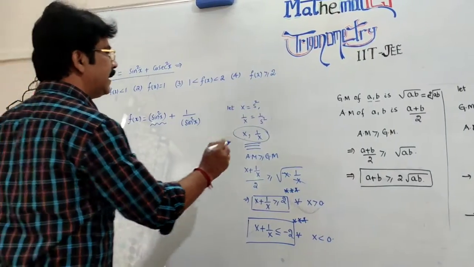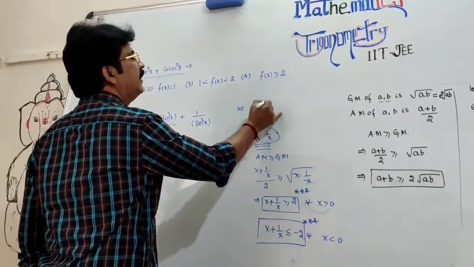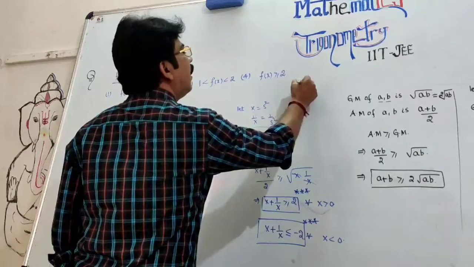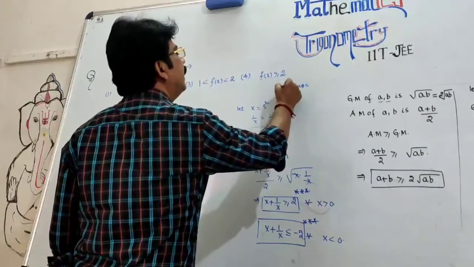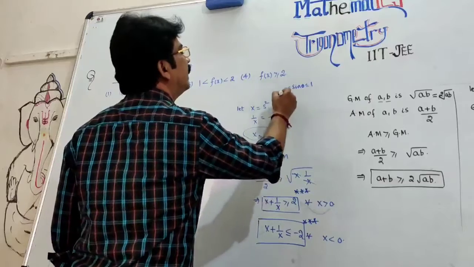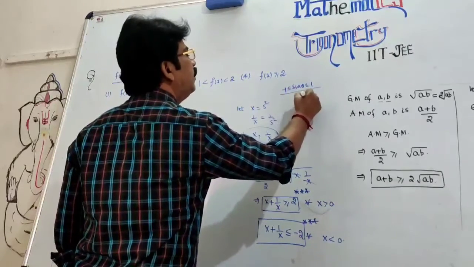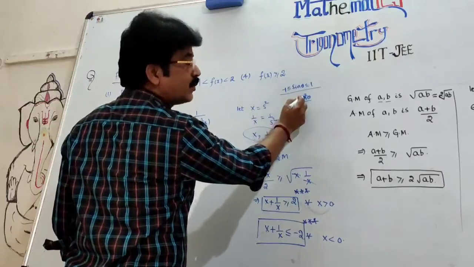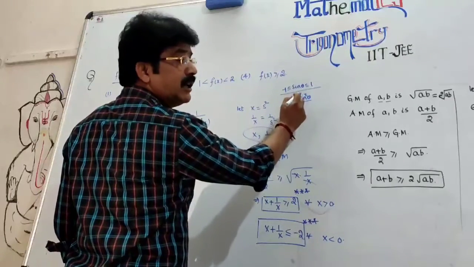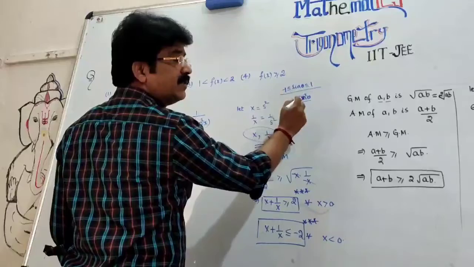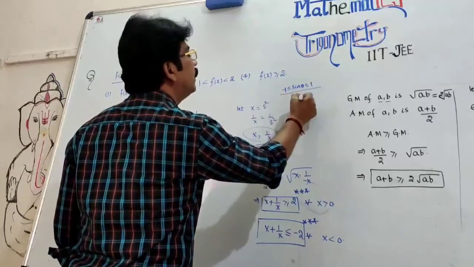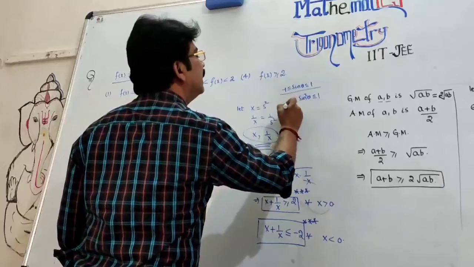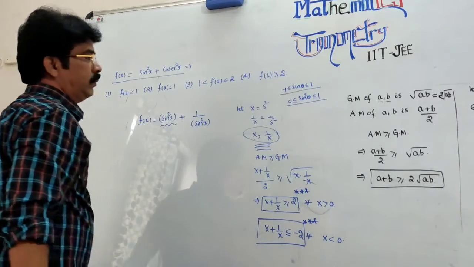Right. Here, sine square means the square is already there. Actually, sine theta lies between minus 1 and plus 1. So what about sine square theta? Since it is a square, it is always non-negative, meaning it lies between 0 and 1.